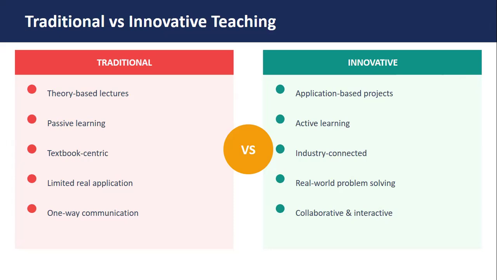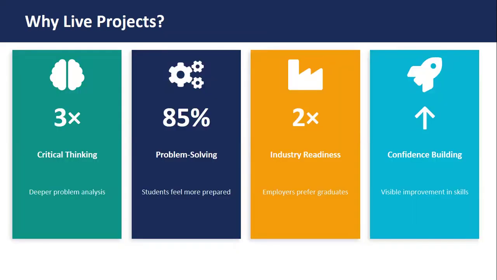In contrast, innovative teaching, especially done through live projects, emphasizes application based learning. Students become active participants from passive learners. They collaborate, interact, and solve real world problems. This shift transforms the classroom from a one way mode of communication into an interactive learning environment. So, this is the comparison between the old traditional method of teaching and the modern innovative method of teaching.